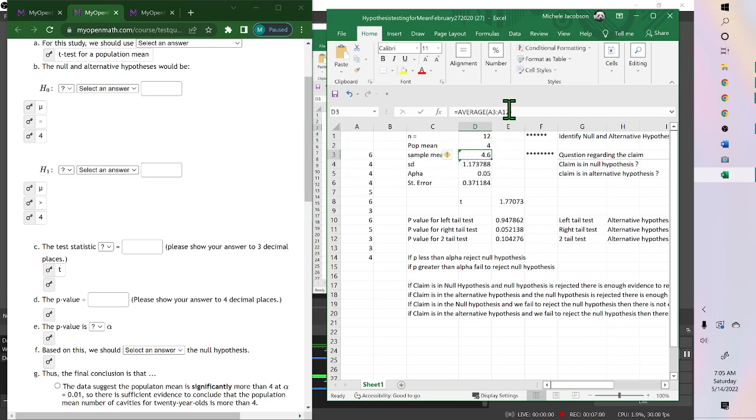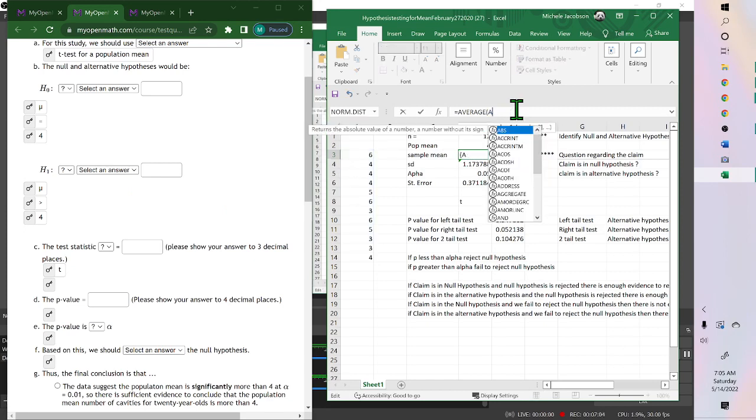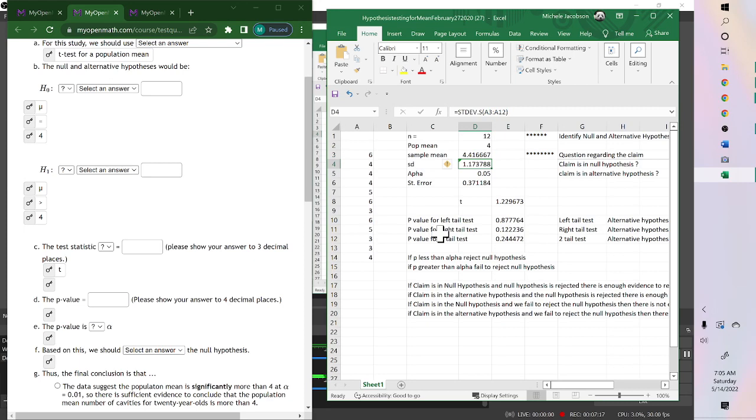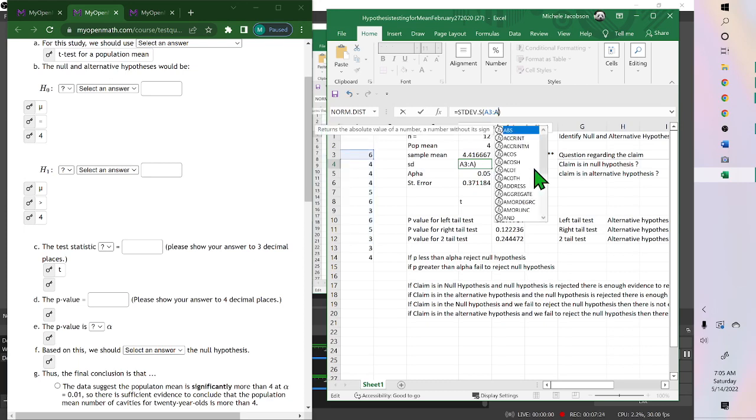The sample mean, we need to use average, so equals average, and then highlight our data. If the data would have been the same size, it would have already calculated it, but standard deviation, re-highlight the data.